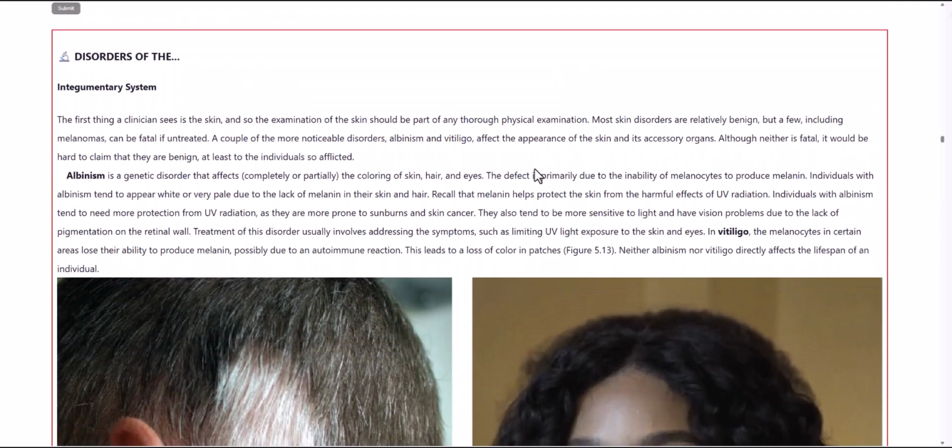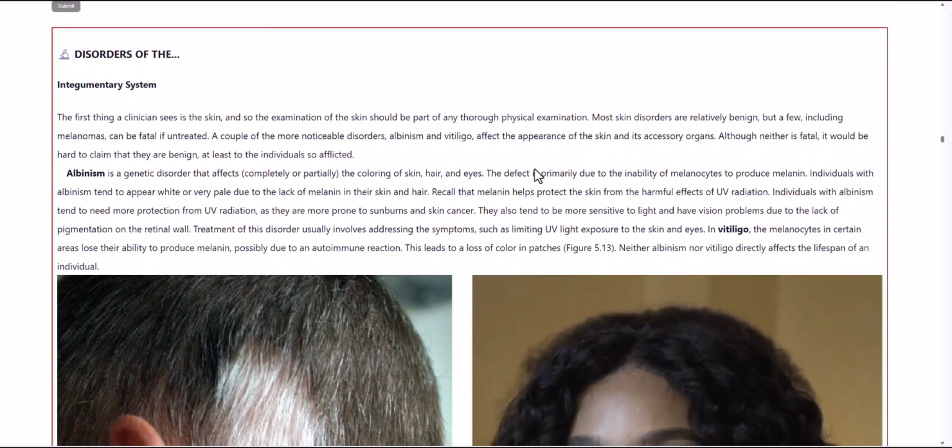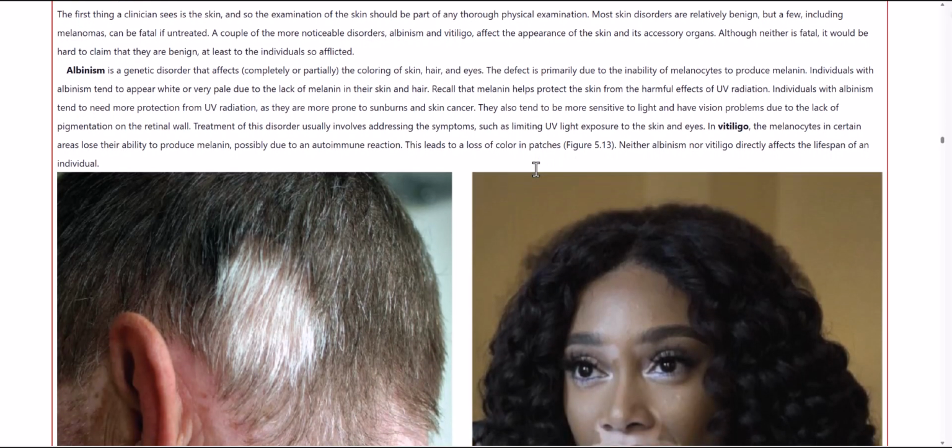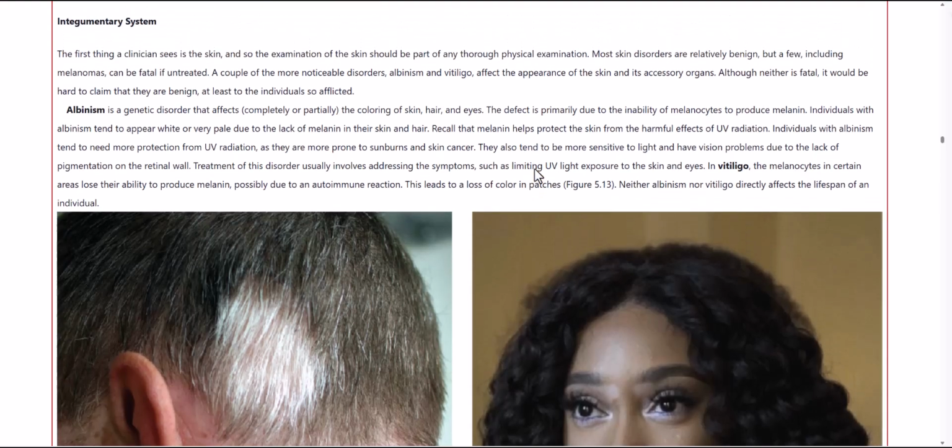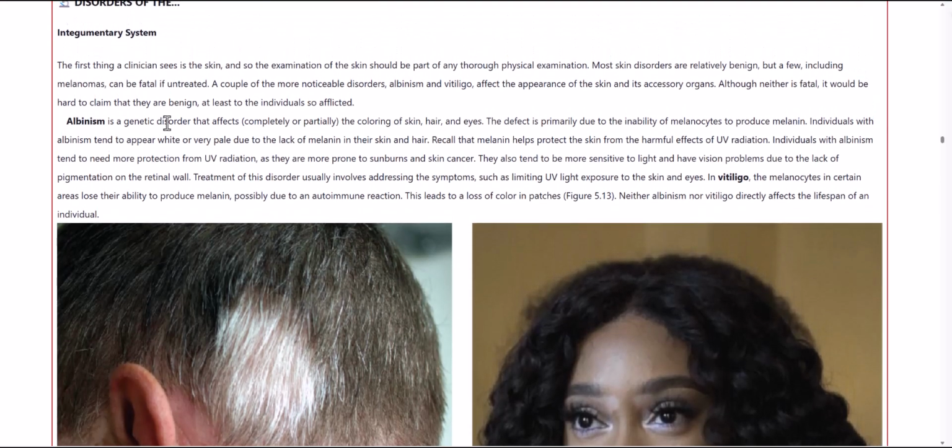So that brings us to the end of this chapter. Just a mention about melanosomes and melanin. There are other disorders where there is a lack of color altogether. That's albinism. And that will lead to a deficiency in color of the skin, of the hair, and of the eyes. And then another condition, vitiligo, this is where melanocytes in some areas of the body stop producing melanin.